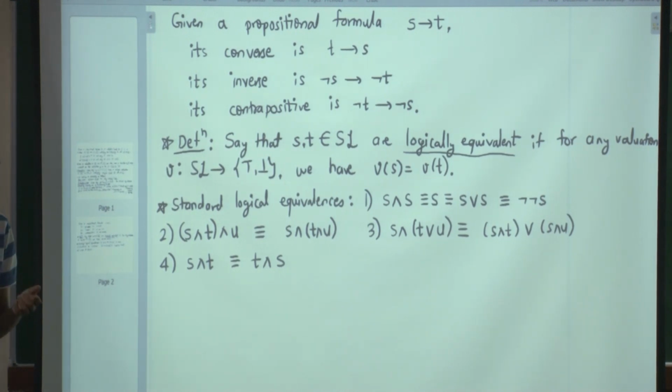What does that tell you? That if we take the logical equivalence classes of these propositional formulas, then what would they form? They form a Boolean algebra, right?